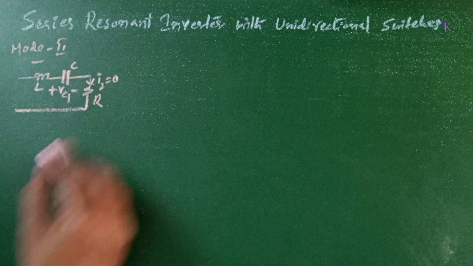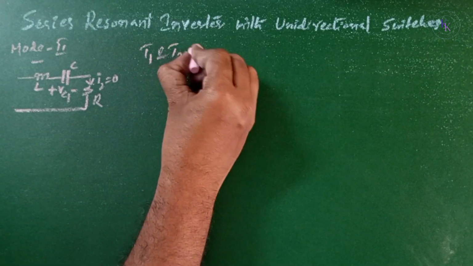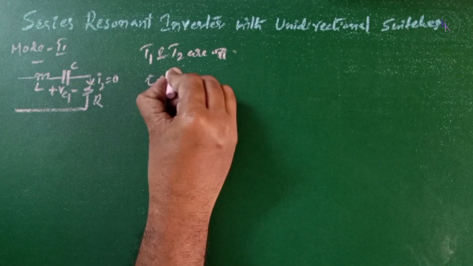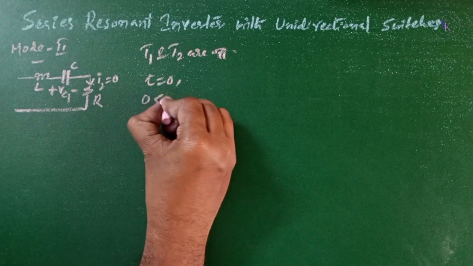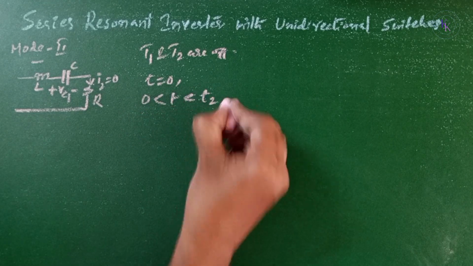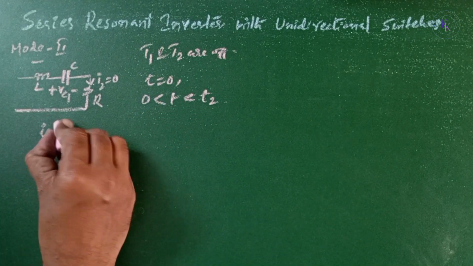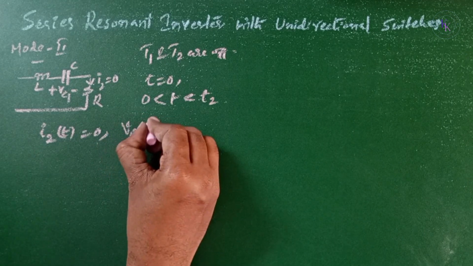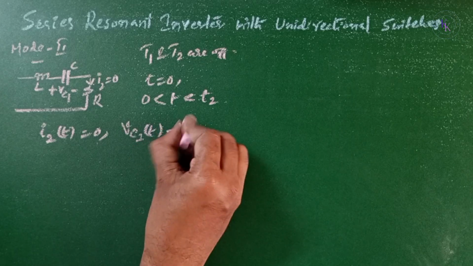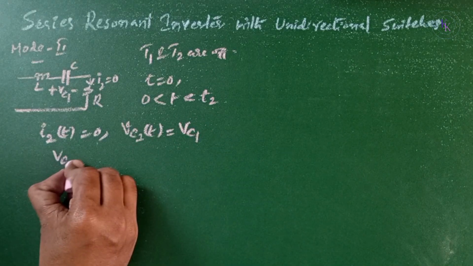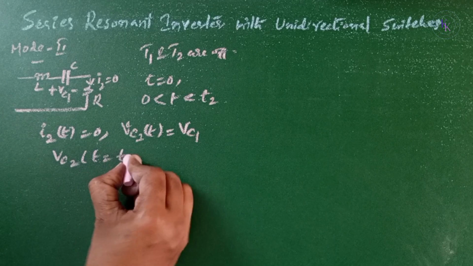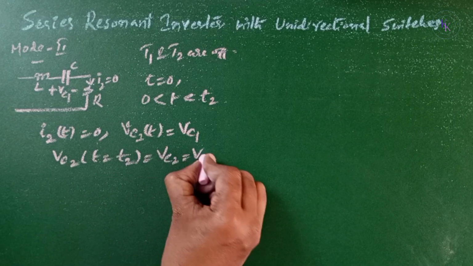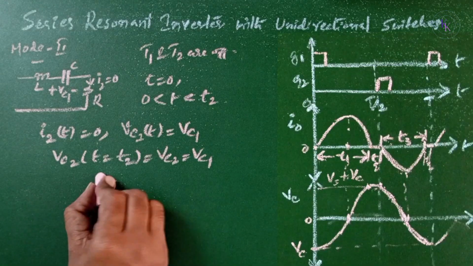Now mode 2, when both T1 and T2 are off. Let us redefine time to start at t equals 0, between 0 and T2. The current i2(t) equals 0, and the voltage across the capacitor during mode 2, Vc2 at t equals T2, equals capital Vc2, which equals Vc1, as we have seen in the waveforms.